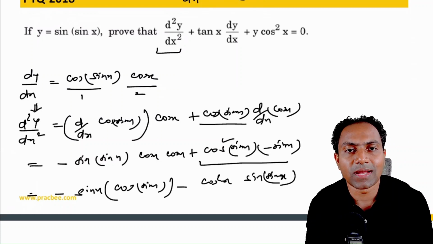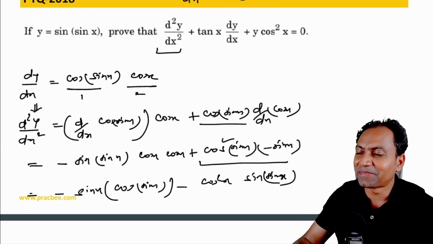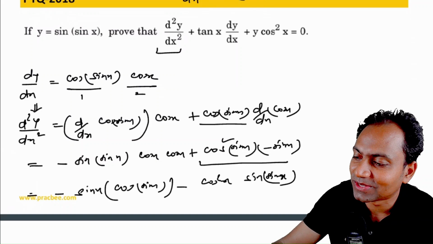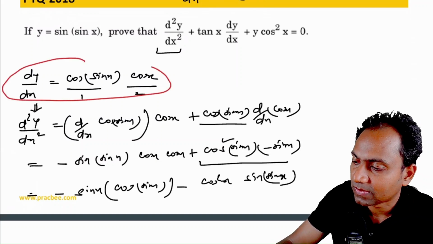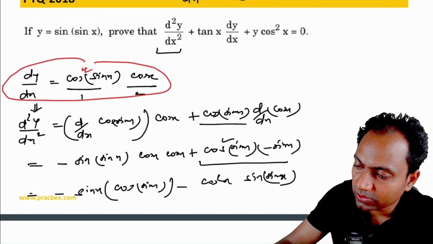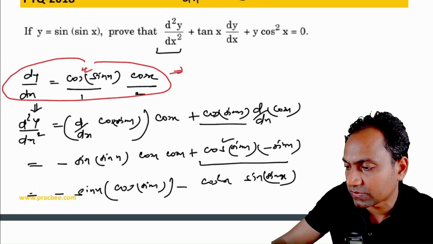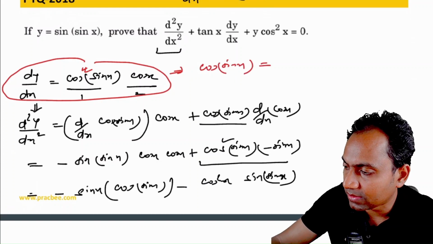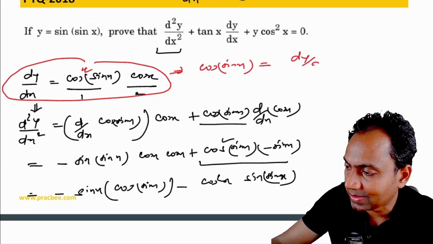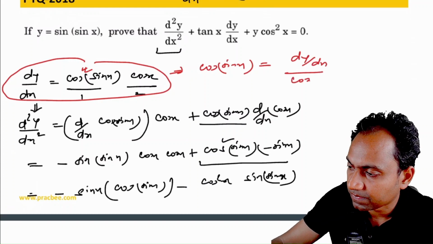Now we can see that our answer is not matching. So for matching the answer, you will have to resubstitute terms. So what you can do is you can take this dy by dx value and substitute the value of cos of sin x from here. So if I find cos of sin x from here, you can see that it is nothing but dy by dx by cos x.